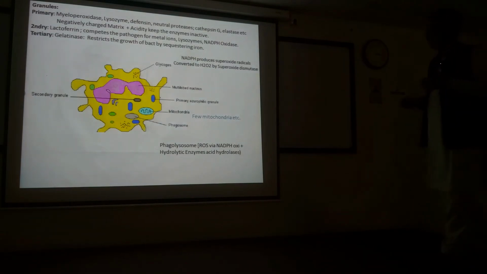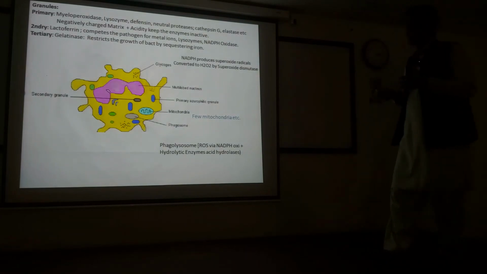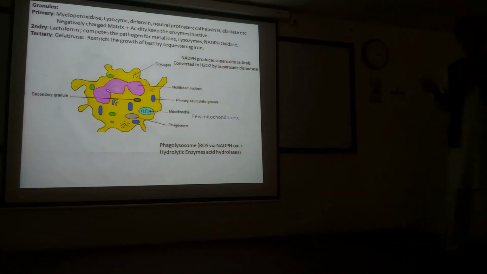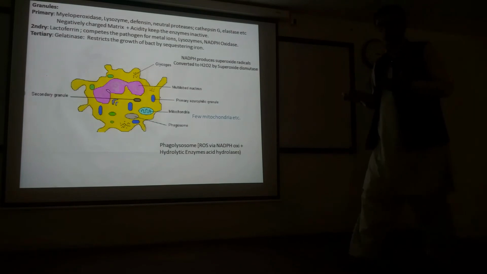And after this killing of the microbe is finished, then the pH is going to drop down. It will become neutral, or pH 7, and these enzymes again are not going to work.